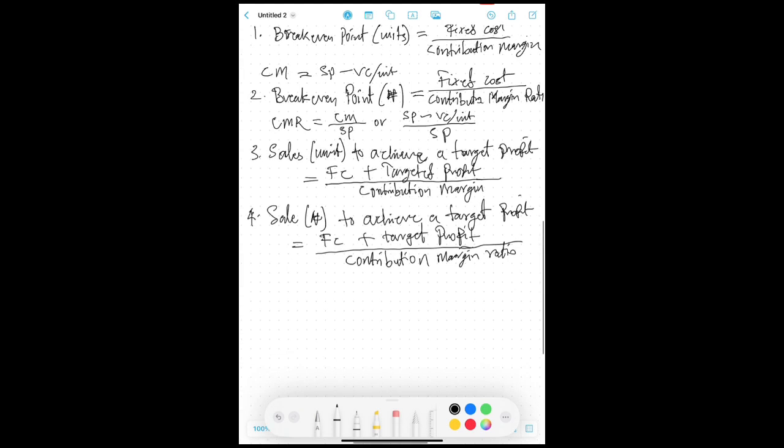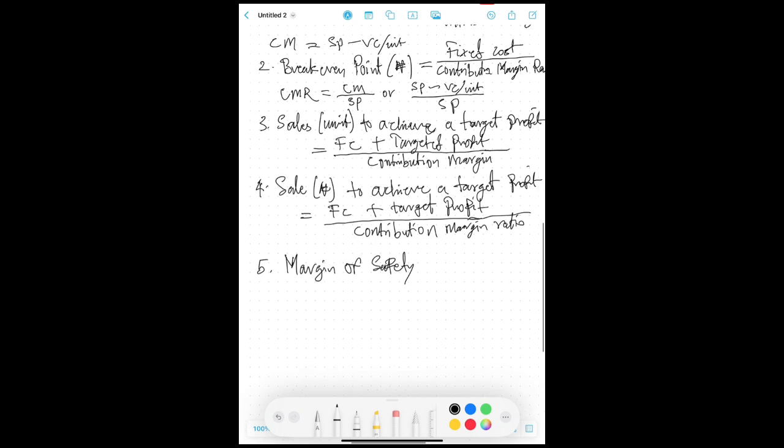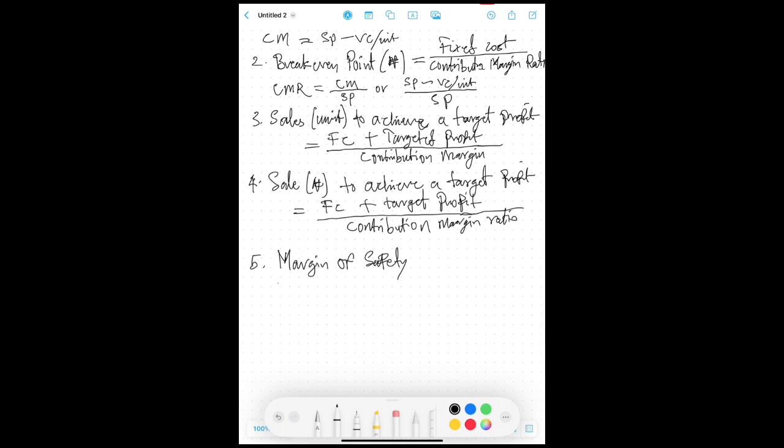Then also, finally, 5, we have your margin of safety. Your margin of safety is calculated as your projected sales minus your break-even sales.